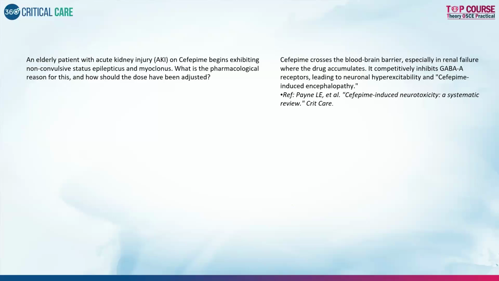So usually what happens is excessive accumulation of cefepime, and it crosses the blood-brain barrier. It does not actually lower the threshold. On the contrary, it causes hyperexcitability. So this is called cefepime-induced encephalopathy.